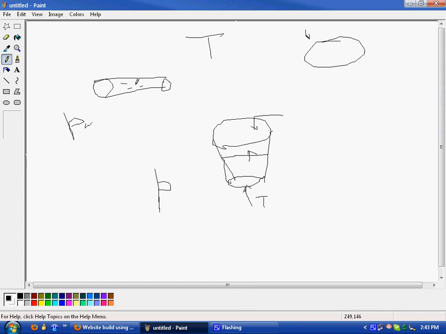Okay, so what is actually going to happen if we put this tube, or this system, inside our room? Let us say this is my room.